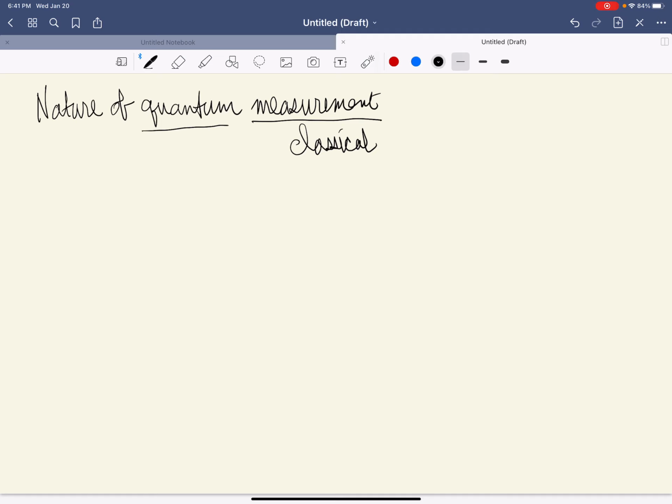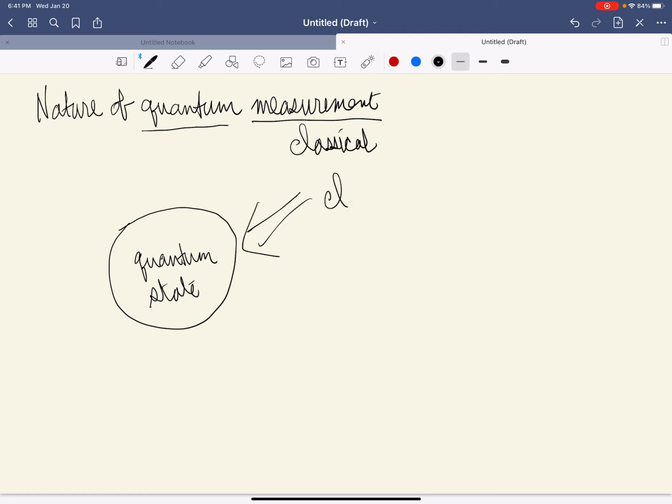Okay, so when we use a phrase like quantum measurements, what we really mean is that there is apparently some sort of quantum world or quantum state, and then we're using some sort of a classical, I should use the word probe.